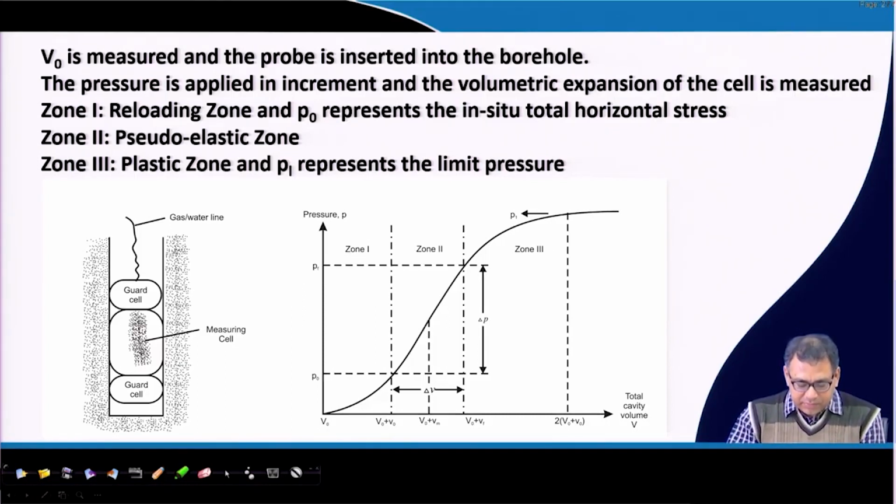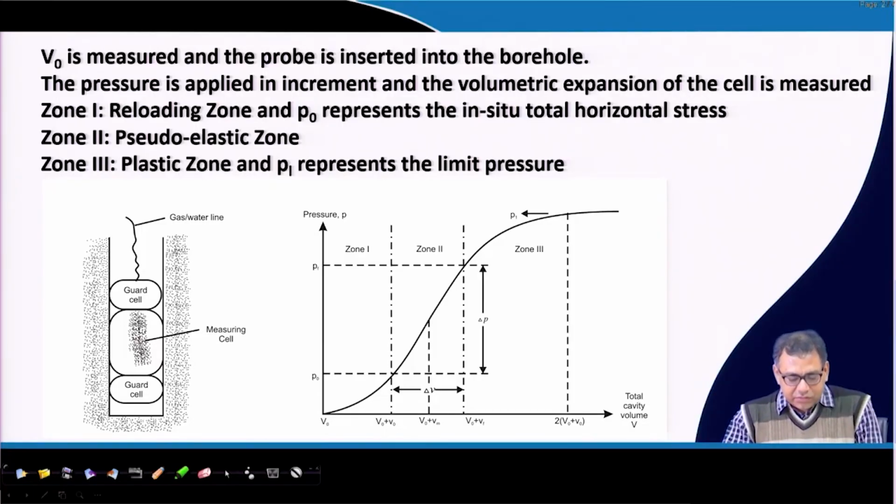To reach the first point the volume expansion is small v0, and to reach the second point the volume expansion is small vf.